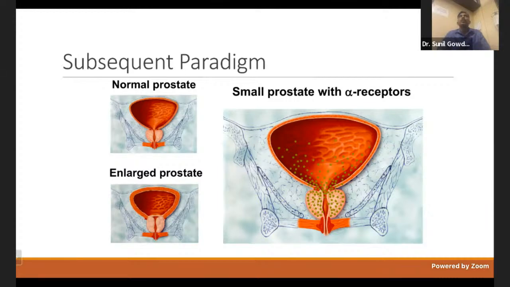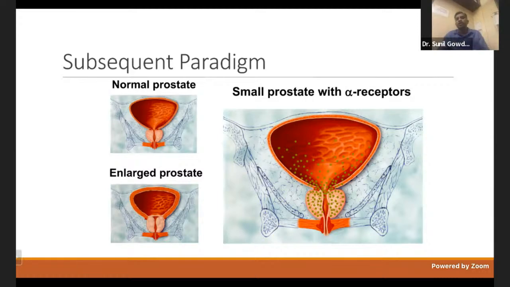Later, they also found that patients with a small prostate also developed increased alpha receptors, which may also result in lower tract symptoms. So ultimately, in the management, we'll be discussing blockage of these alpha receptors, which are increased due to prostatic enlargement, and this can result in relief of symptoms.